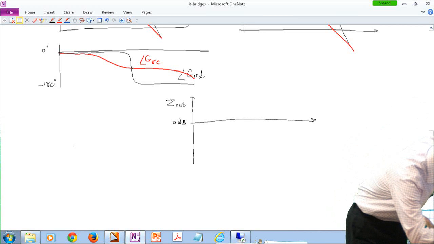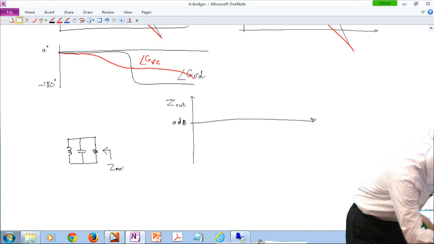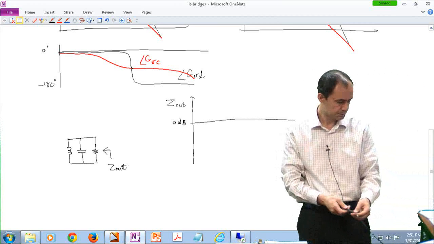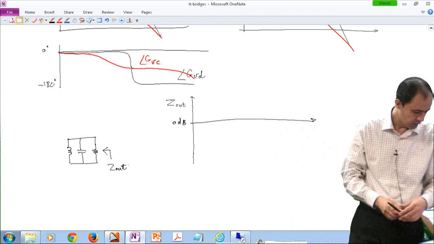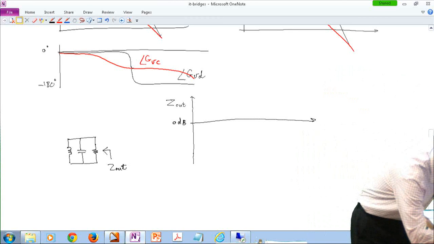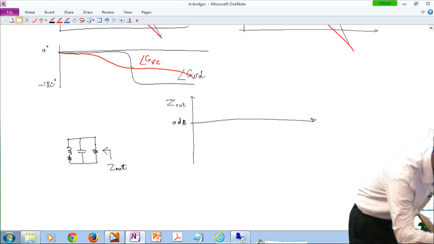If you look at voltage mode control, you're looking at an inductor in series, in parallel with a capacitor, and then in parallel with a resistor. At very low frequencies, it is the internal resistance of the inductor that determines the output impedance, and it's very small.